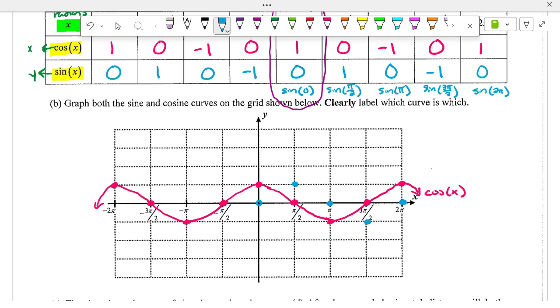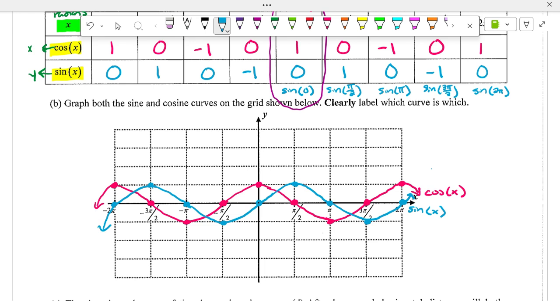If I go backwards, it'll be -1, 0, 1, 0. So my graph will look something like this. So this is my sine of x graph.